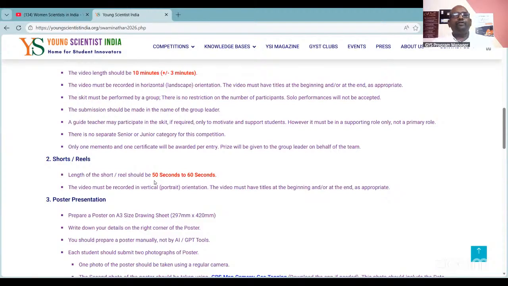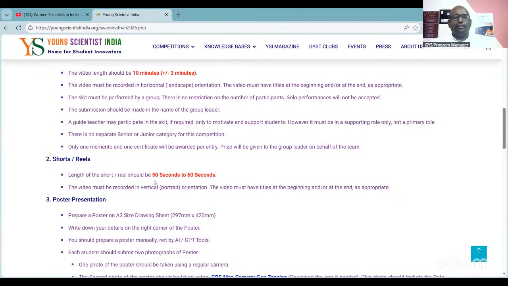Let's say if you choose one scientist, you have to explain about the scientist: his innovation, his participation towards the country, etc. You can show his images or his invention, or else you can record yourself explaining his innovations and his contribution to the country, whatever it may be. So that is about 60 seconds, that means below 1 minute.